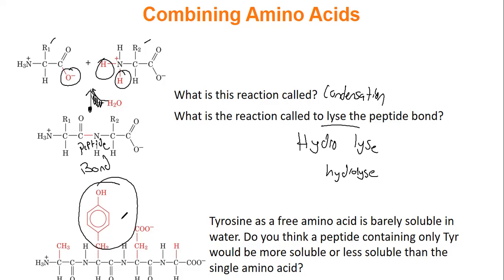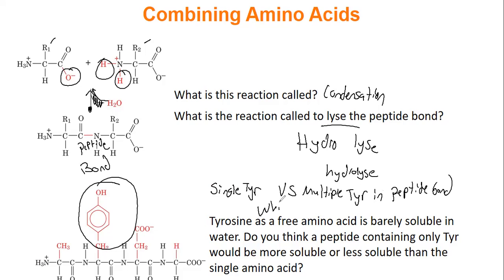So all 5 tyrosines are in a peptide bond. Do you think this polypeptide chain of tyrosine, therefore, would be more soluble in water or less soluble? So the question is single tyrosine versus multiple tyrosines in peptide bond. Which one is more soluble?